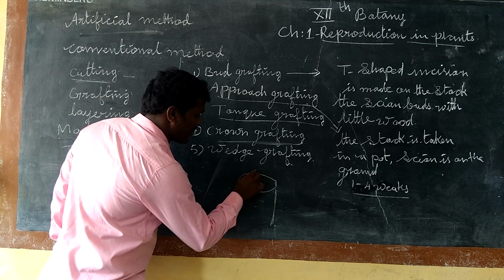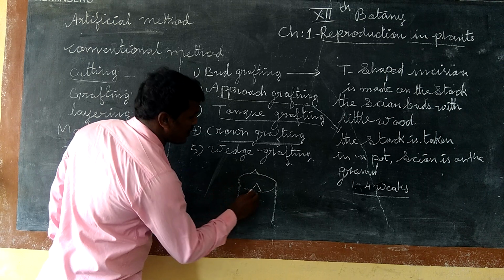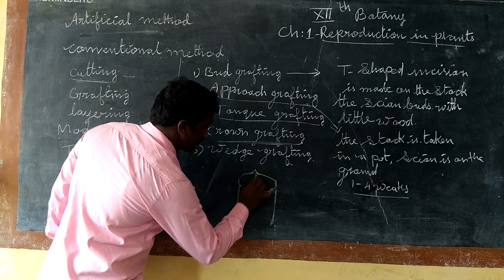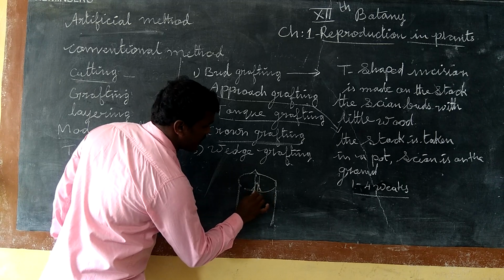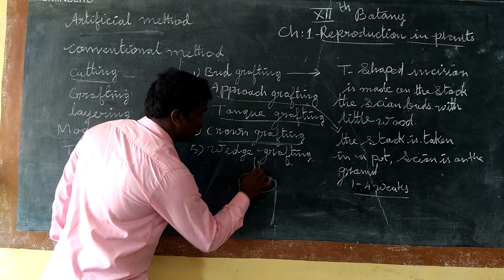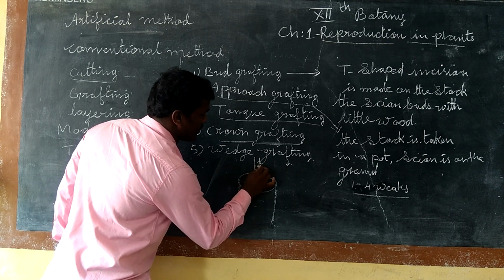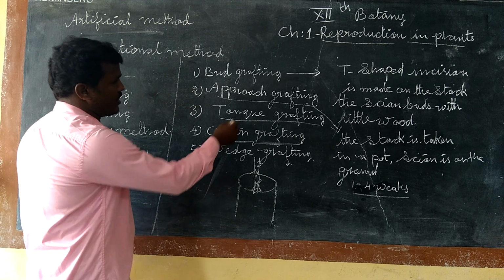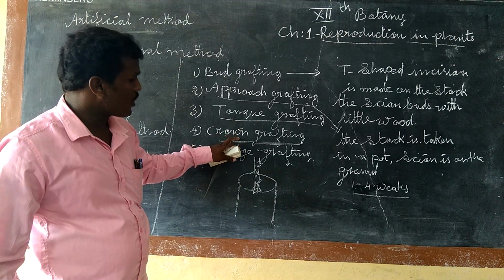A slit is made there. Then above that, we can place the scion, and here also a scion can be placed along with the buds. This is the recording of crown grafting.